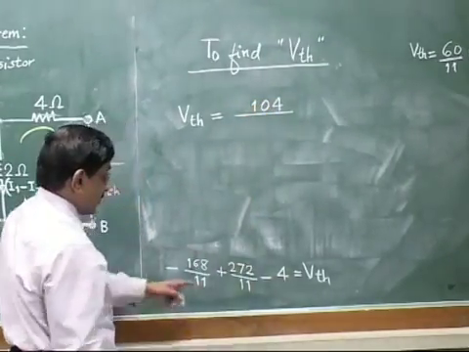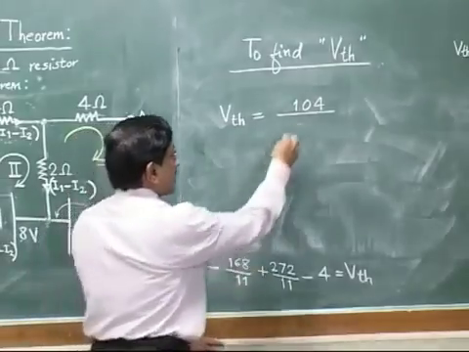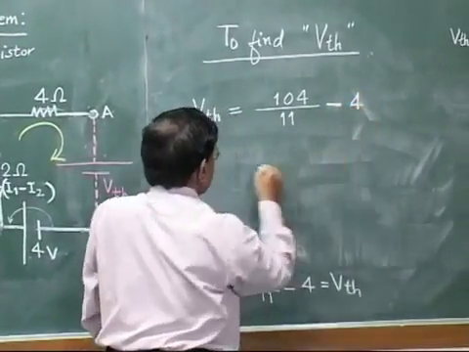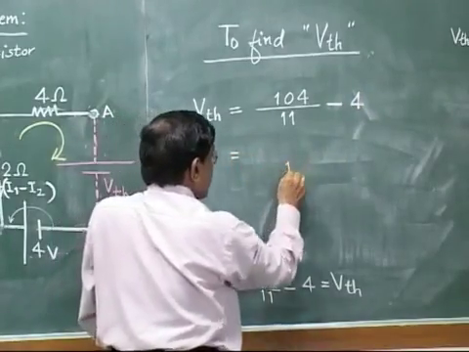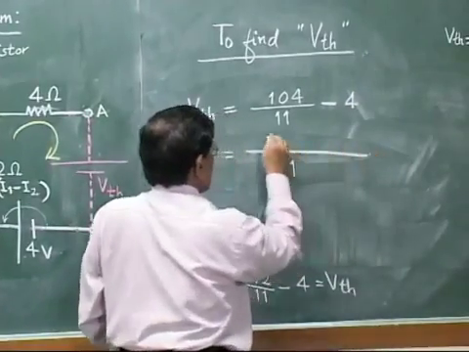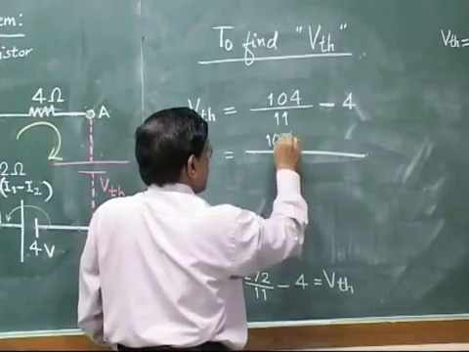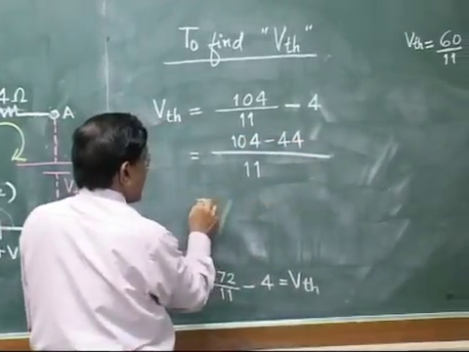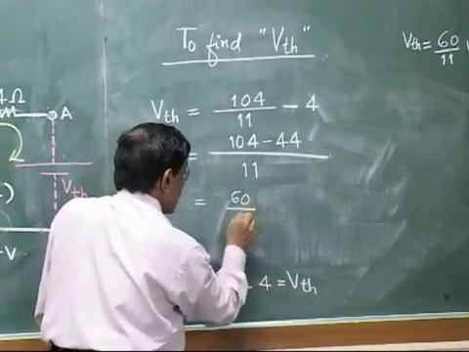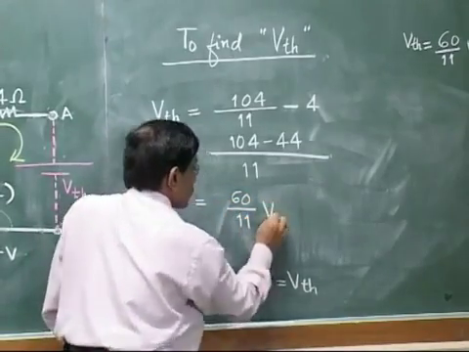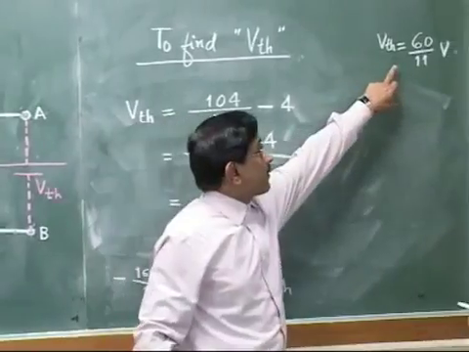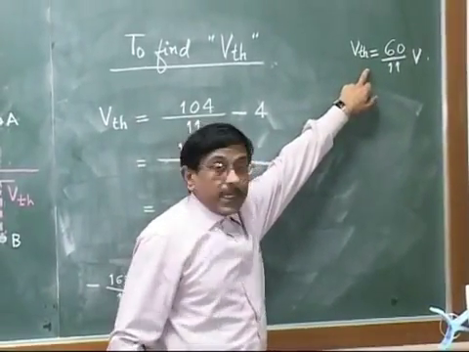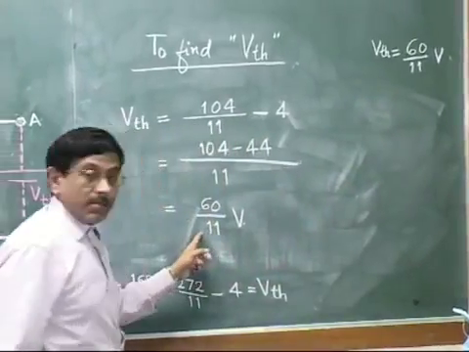So this will be plus because 272 is big. So 104 by 11 minus 4. Further, it will be 104 minus 44. Again you will find that this gives you 60 by 11 volt. So it matches our previous answer. This we had obtained with a different loop. So any loop you take, you will find that your answer must be the same.